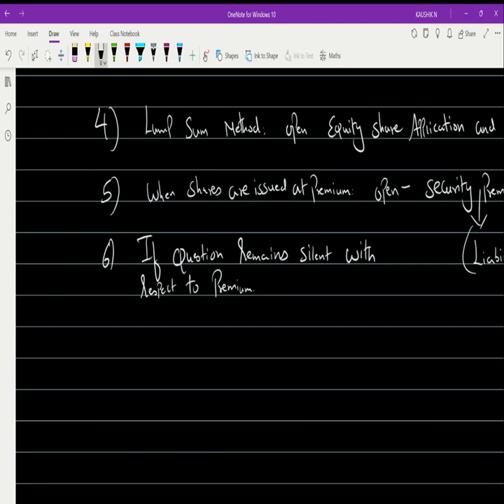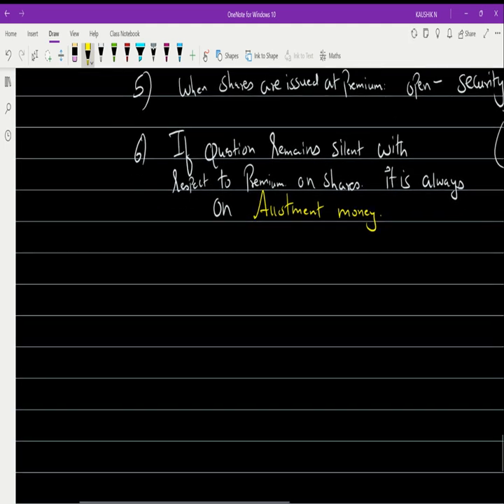So if the question remains silent with respect to premium on shares, it is always on allotment money. Okay, it is always on allotment money.